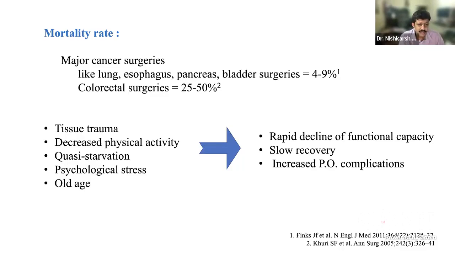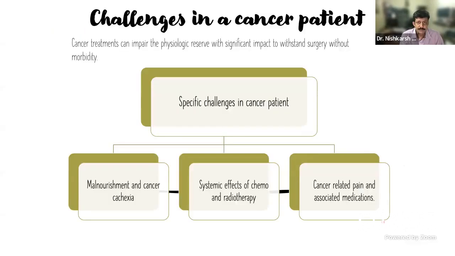Or the patient, because of colorectal malignancy, is not eating enough, so they are usually in a poor nutritional state. There is psychological stress and the age factor. So there can be a rapid decline of functional capacity, recovery is slowed, and there can be increased post-operative complications.